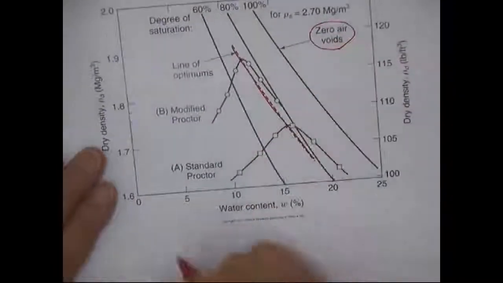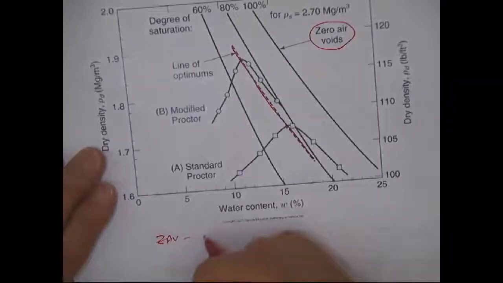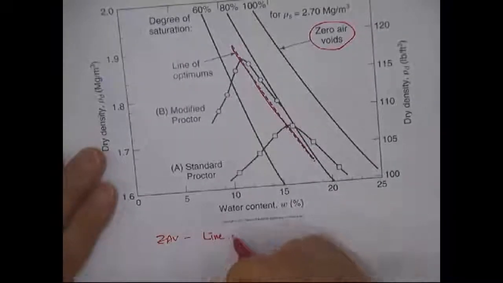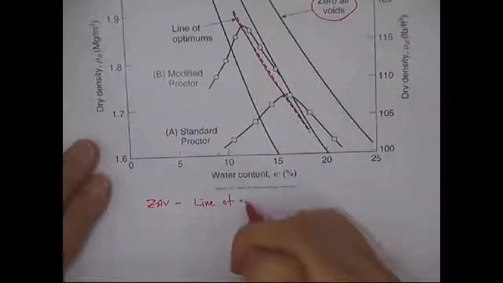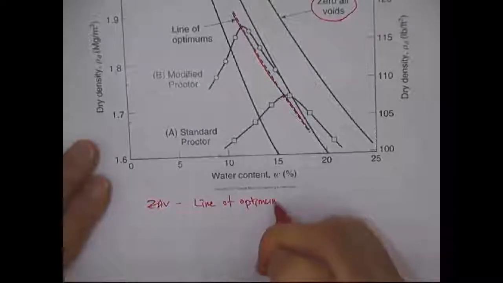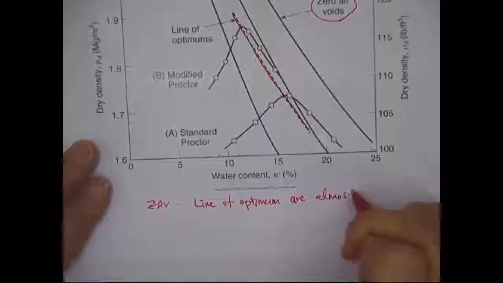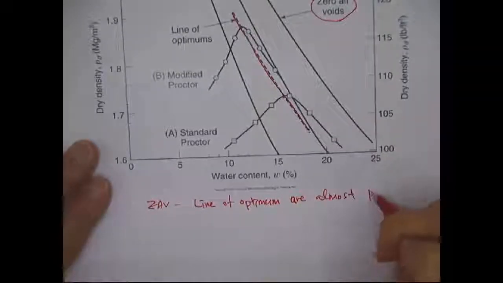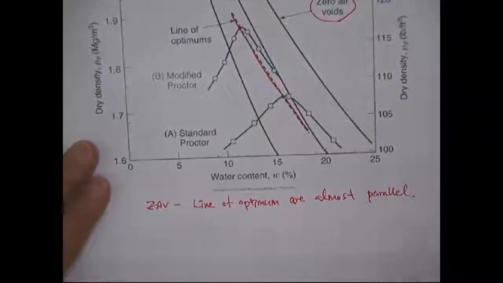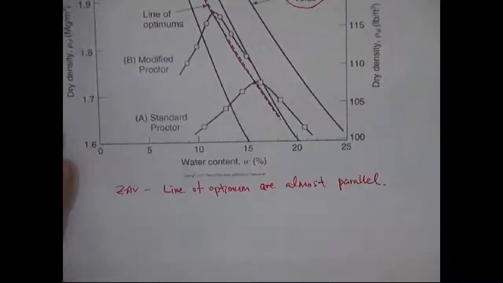In general, the ZAV curve and the line of optimum are almost parallel to each other.